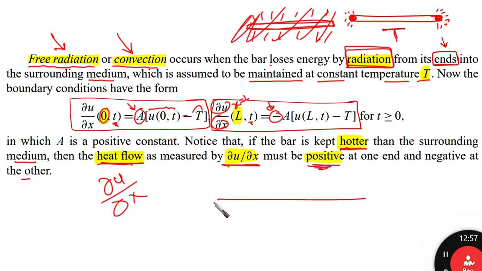So we are assuming that here this is positive, as if radiating the heat, and here it is negative, as if absorbing the heat. This is how it works for free radiation, or convection.